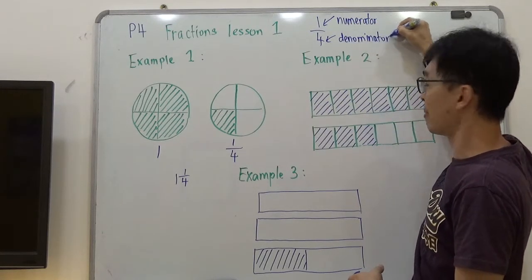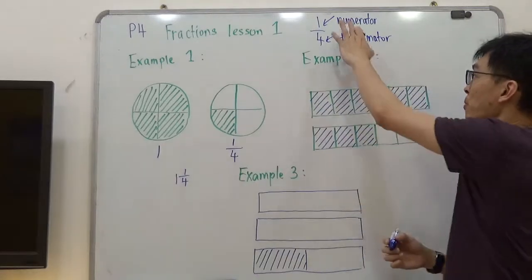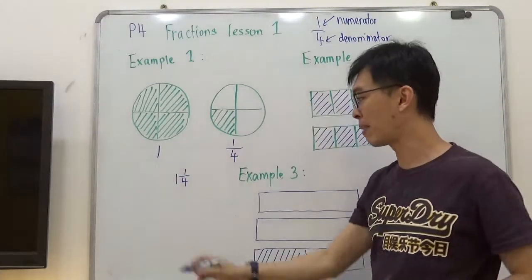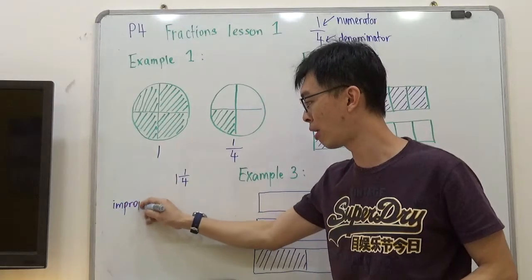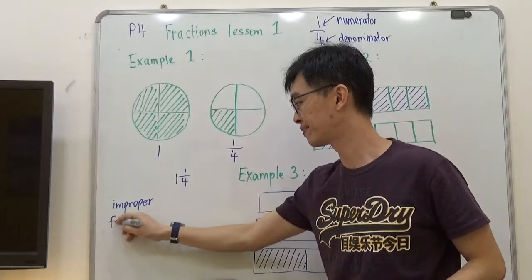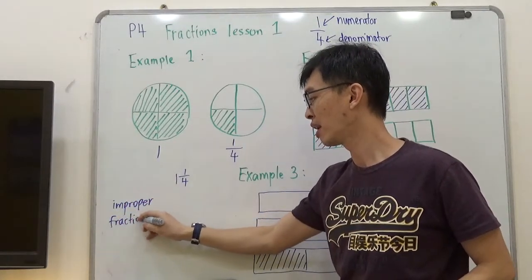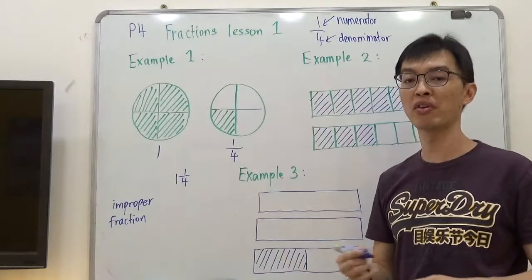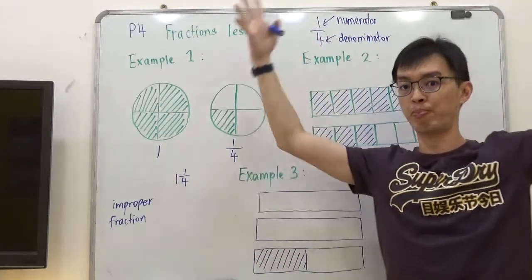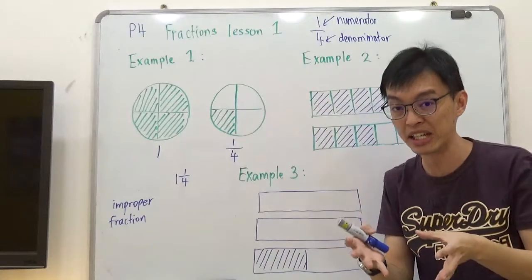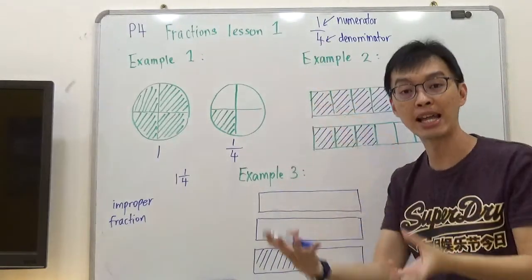You actually learned this in P3, okay? Numerator and denominator. An improper fraction is when the numerator, the one on top, is bigger than the denominator, which is at the base.